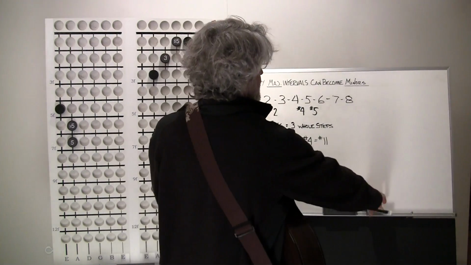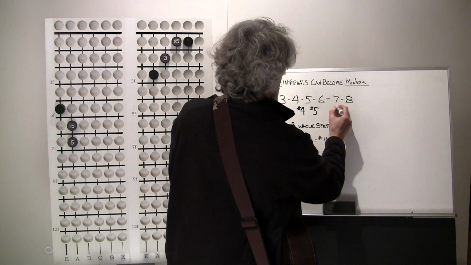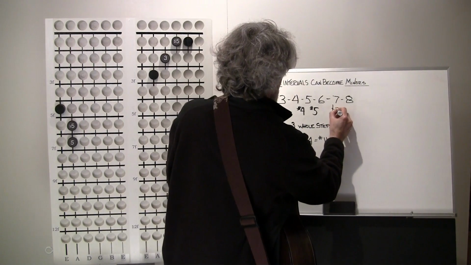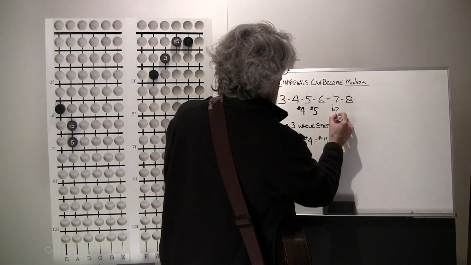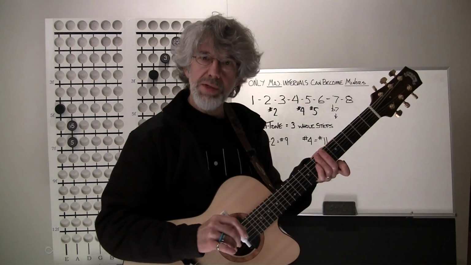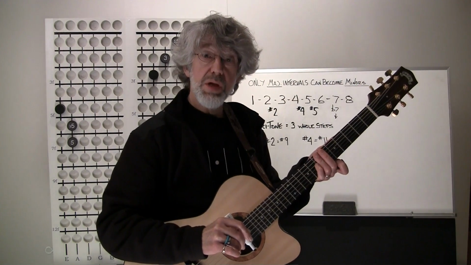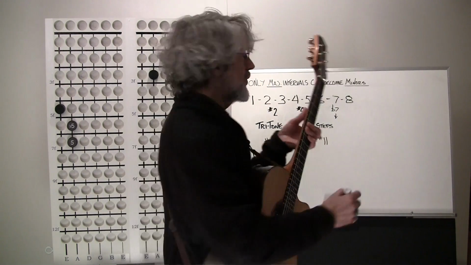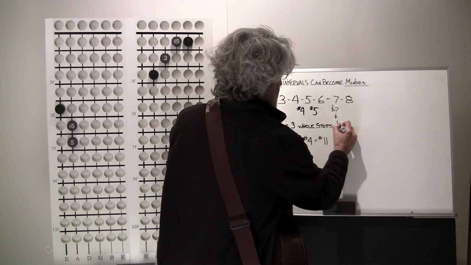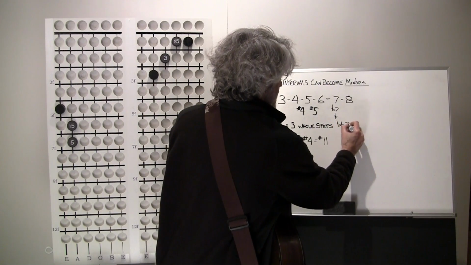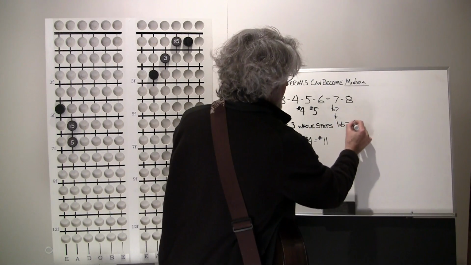Okay, so let's put that up there, flat 7. But if we subtract one more half step from it, it becomes a diminished seventh interval, usually represented by 2 flat signs like this.